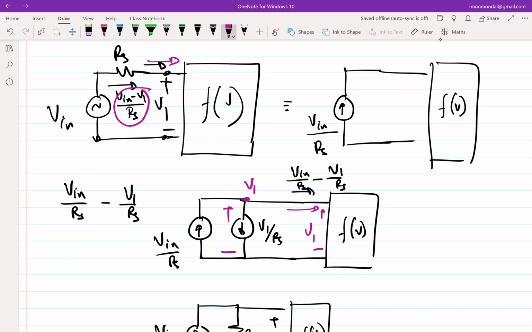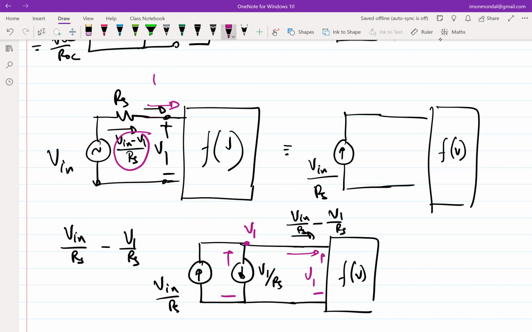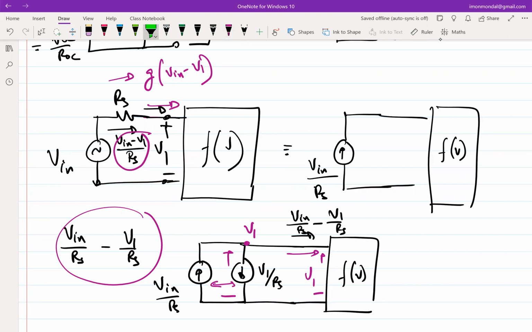It would have been some nonlinearity, and because I've used F, let's call it G of (V in minus V1). The current that would have flowed in would have been this, which means I couldn't have expressed the current through this, and I couldn't have done this step, which means I couldn't have replaced. This is where your source transformation would have broken.